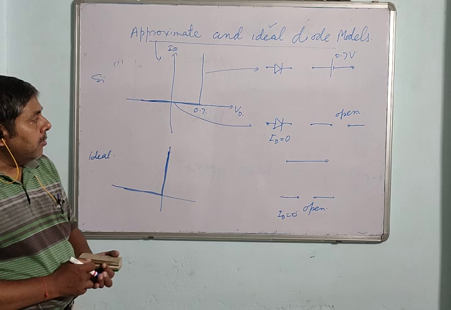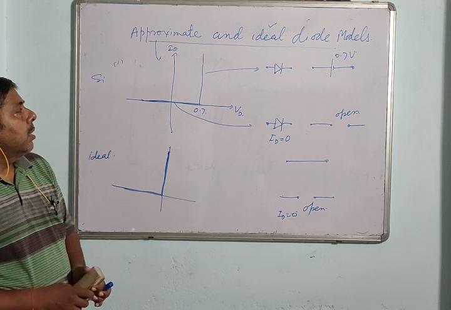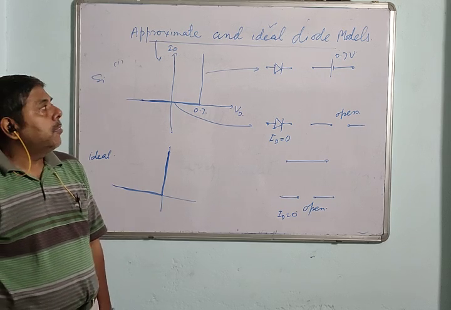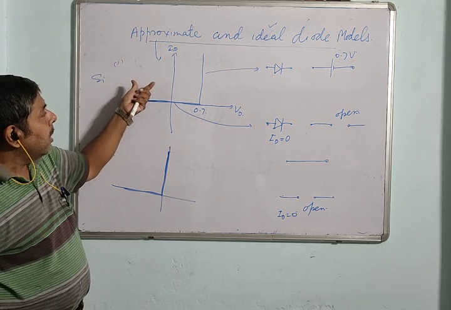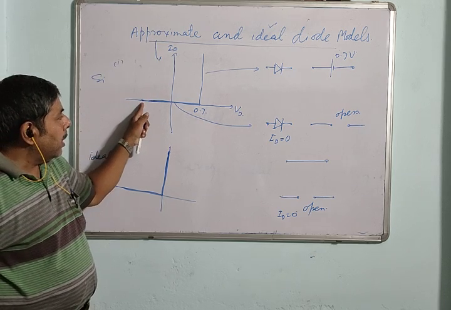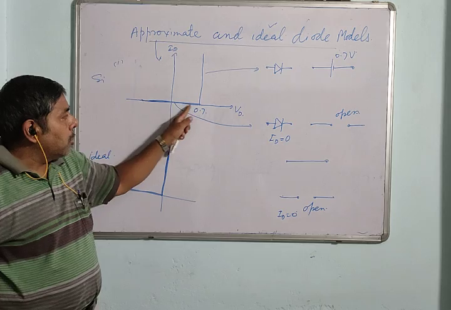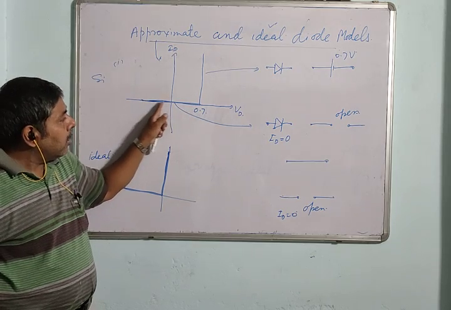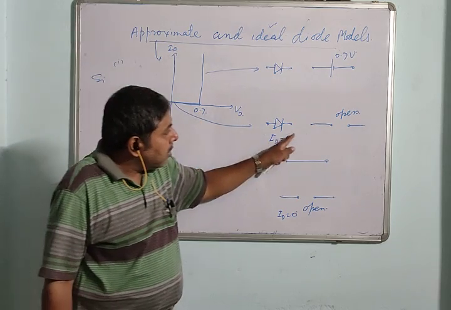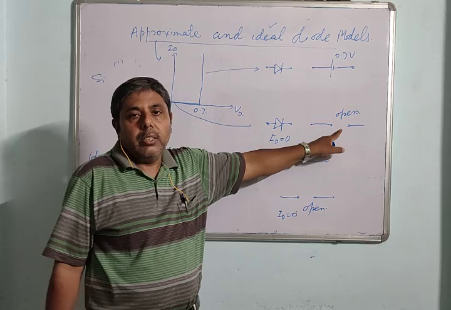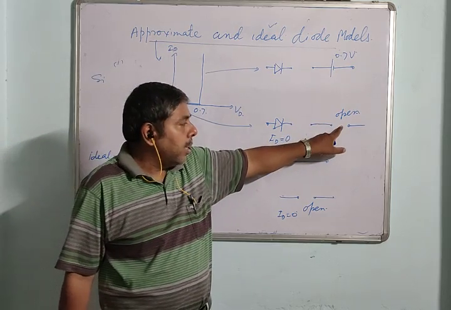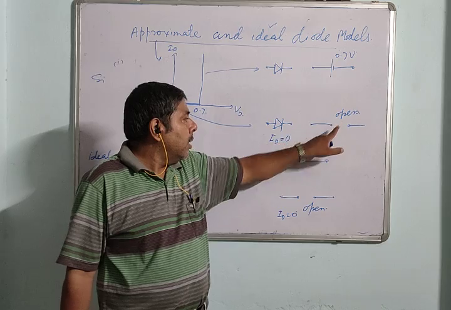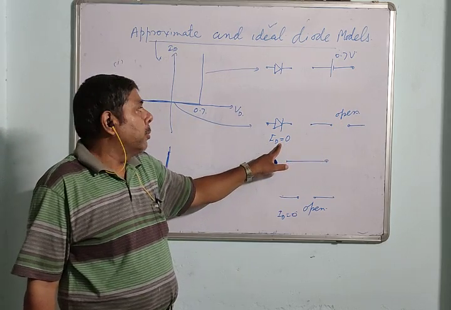So one by one we can see analysis of diode circuits. This is the first, approximate model. In approximate model, from here to here, this current is 0, so you can represent this part by open circuit. When this is open, current is 0 through the diode.